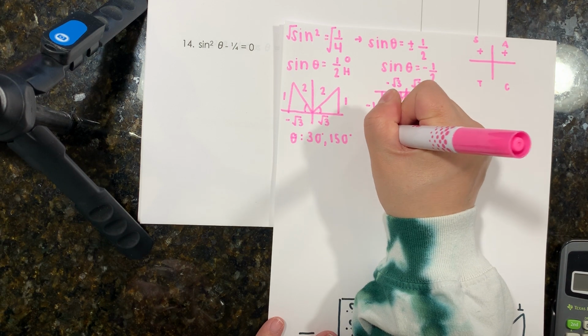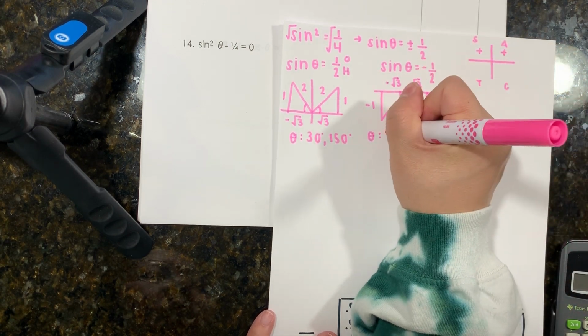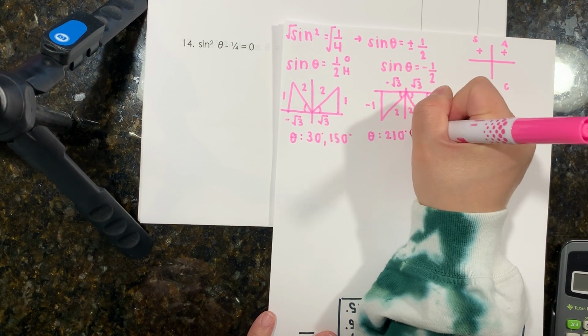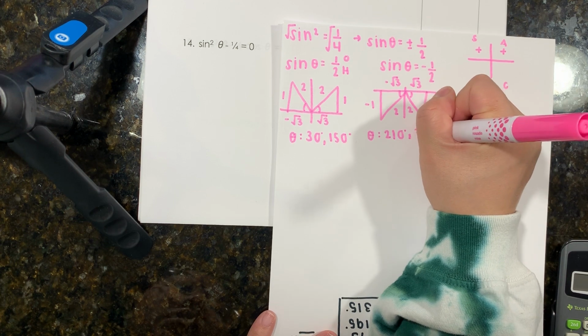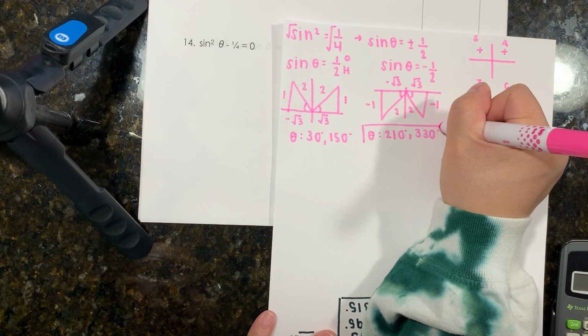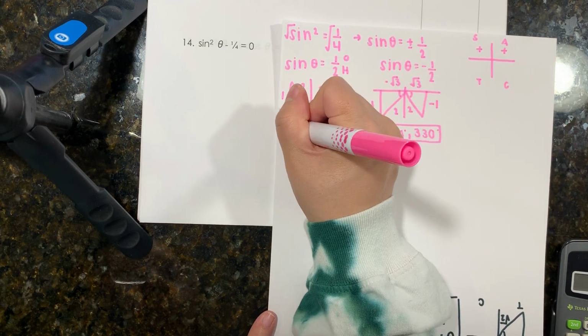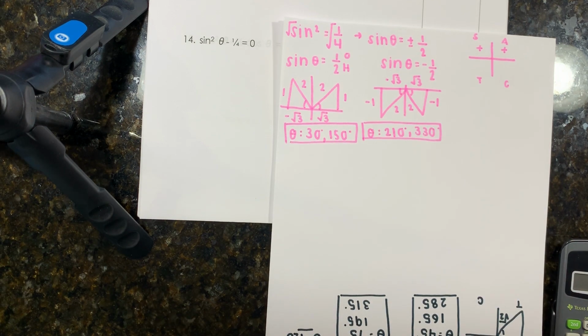So that means theta is going to be equal to, in quadrant 3, 180 plus 30, which would be 210. And then in quadrant 4, it's going to be 360 minus 30, which would be 330. And those would be your 4 answers. So each ratio had 2 answers.